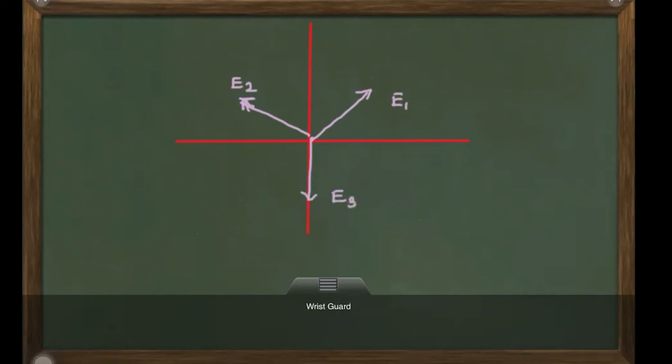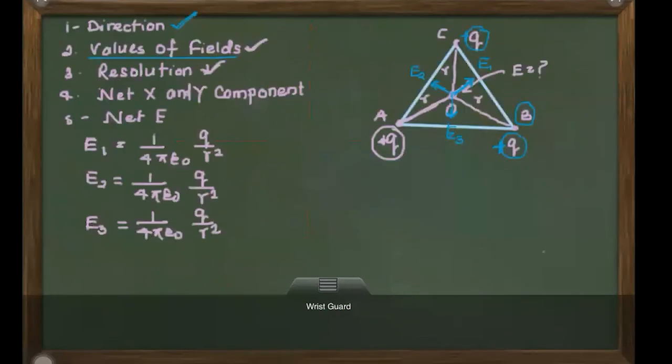So during resolution, we should be very careful about which to break and which not. The vectors that are either along x-axis or along y-axis will be taken as such. But those vectors that are not along x or y-axis, we have to break them. Now, see, if this is an equilateral triangle, then this total angle will be 120 degree.